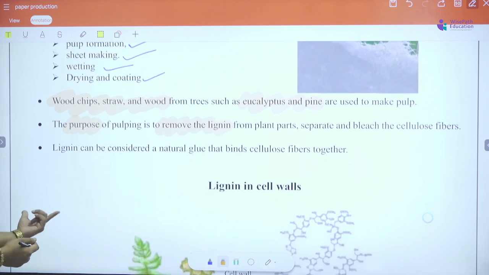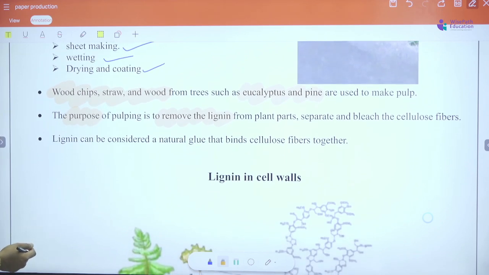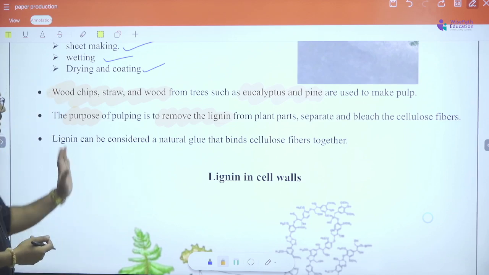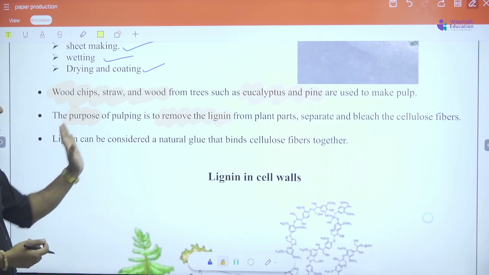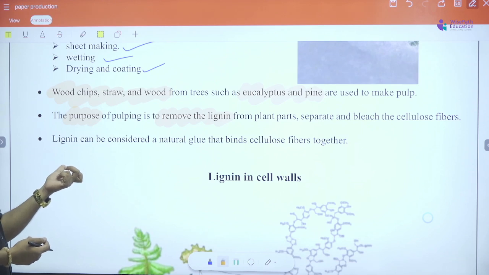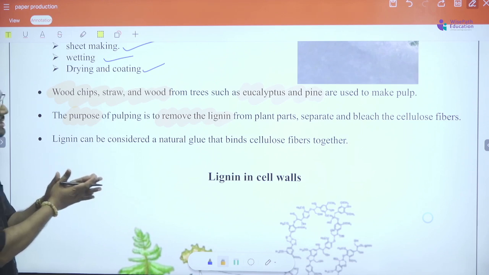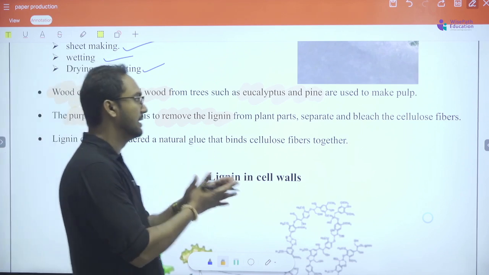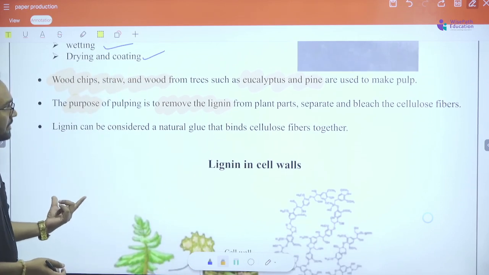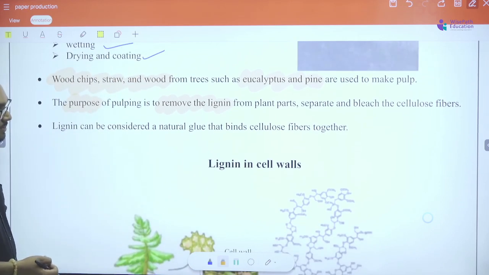Lignin can be considered as a natural glue that binds cellulose fibers together, right? So in pulp forming, what we do is remove lignin, which is a kind of binder gluing those cellulose fibers in wood.